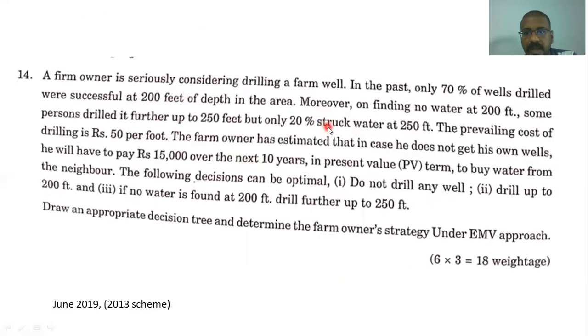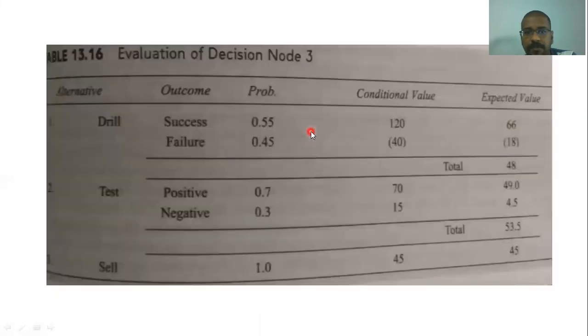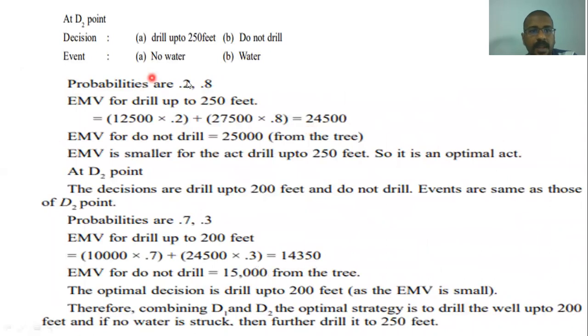At 250 feet, only 20% get water, and with 80% you will not get water. So the EMV for drilling is 12,500, the cost you pay when you get water, plus 27,500 for not getting water, each into the respective probability. So the expected value is 24,500.